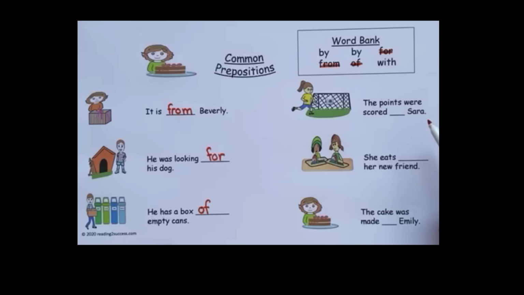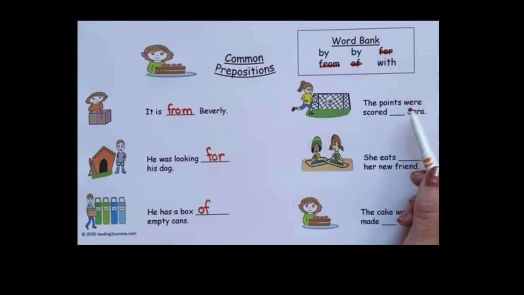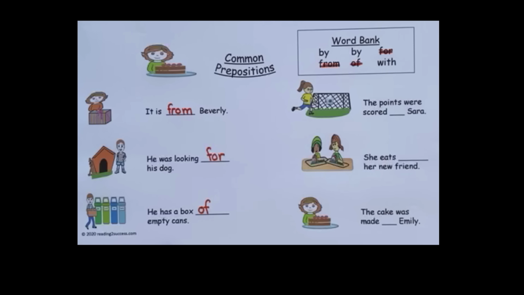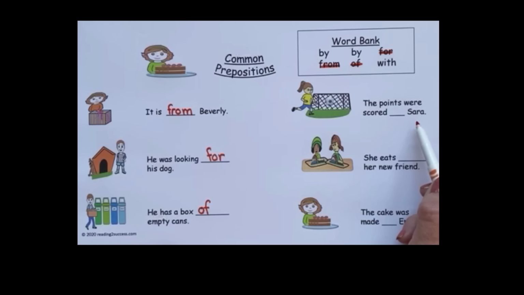This is a new one. The points were scored blank Sarah. We have 2 different prepositions left, by and with. The points were scored by Sarah, or the points were scored with Sarah.